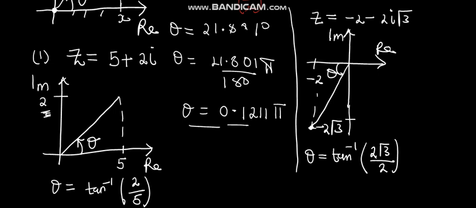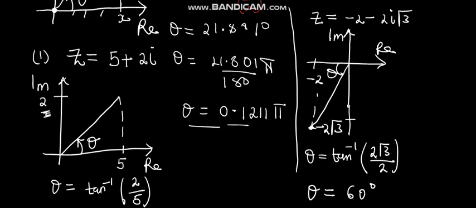For example, we know that it is only the third quadrant where we can find the negative on the x-axis and the negative on the y-axis. Now we need theta, where theta is equal to 60 degrees.